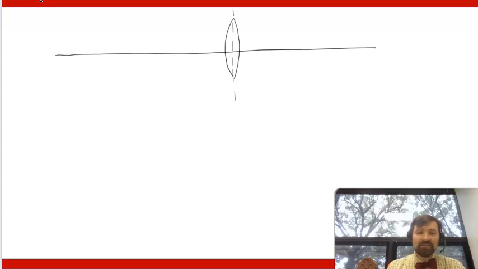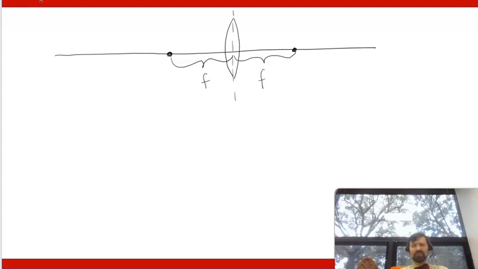And the major thing that you need to label on that is the focal length, which should be the same on either side. So this distance gives you your focal length, the same distance on either side of this thing that we've labeled as the lens axis.